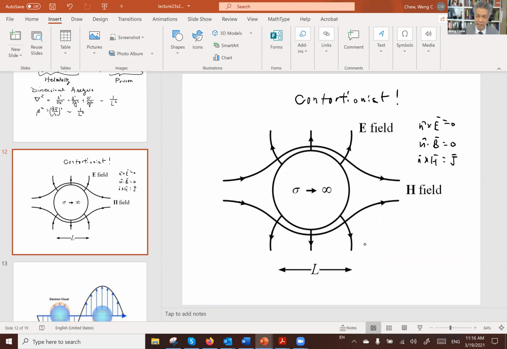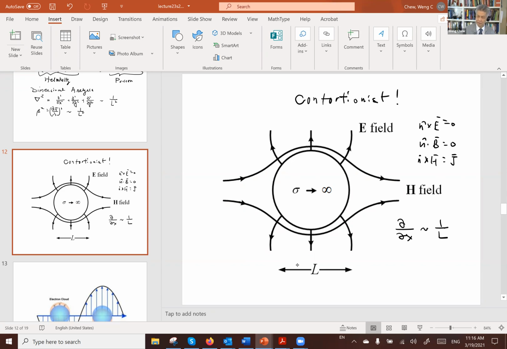And you can imagine that the smaller the sphere is, okay, the more rapidly the fields have to contort themselves. Okay, so roughly speaking, you can say that partial x is proportional to 1 over L. That is, the smaller the L is, the larger is going to be partial x.